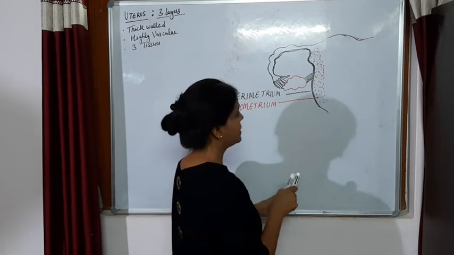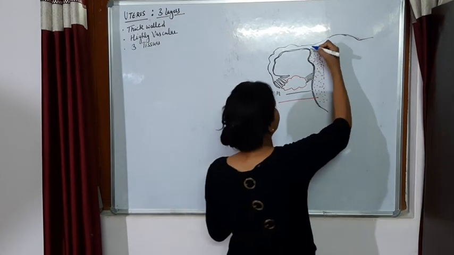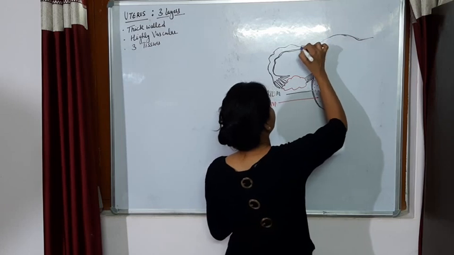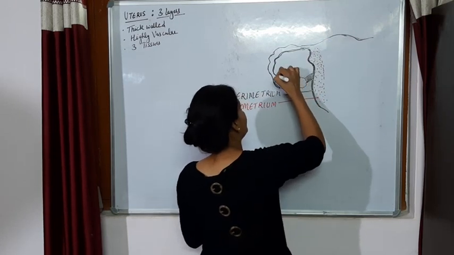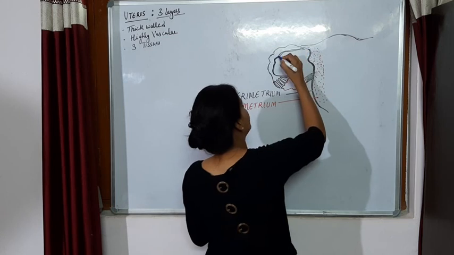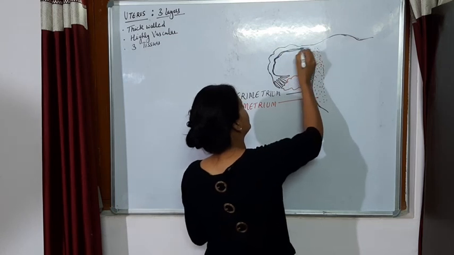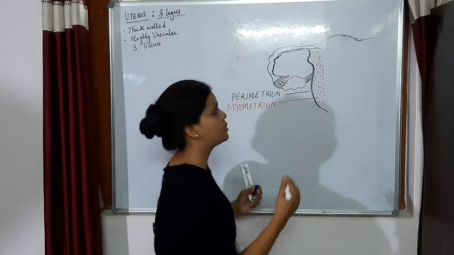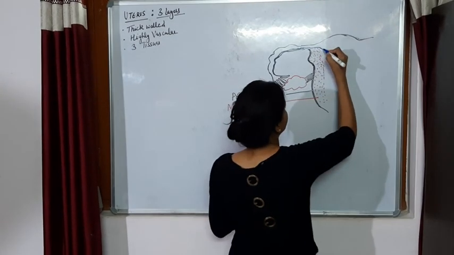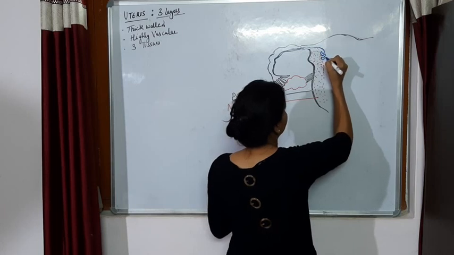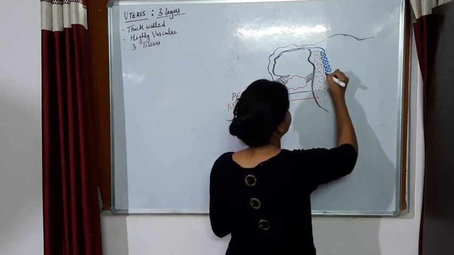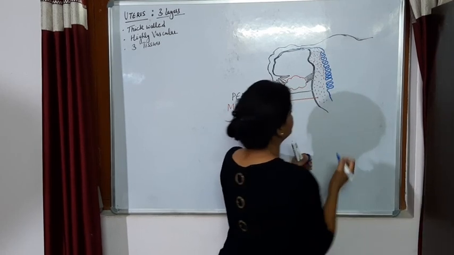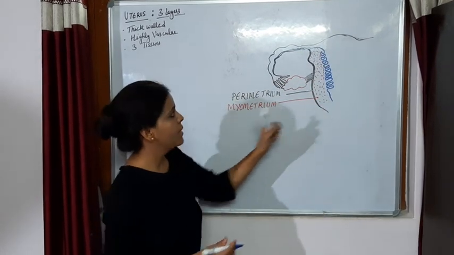Now the next layer is from here, again it will come from here, and this third layer, the innermost layer, is highly tubular glands, having such a structure, right?